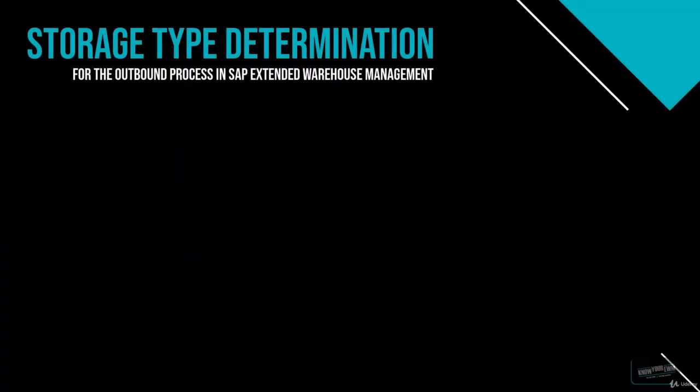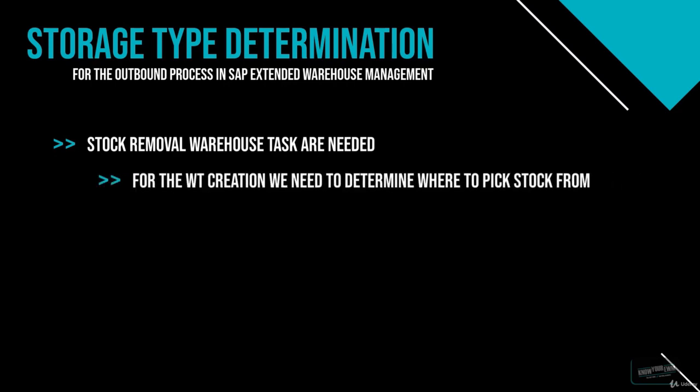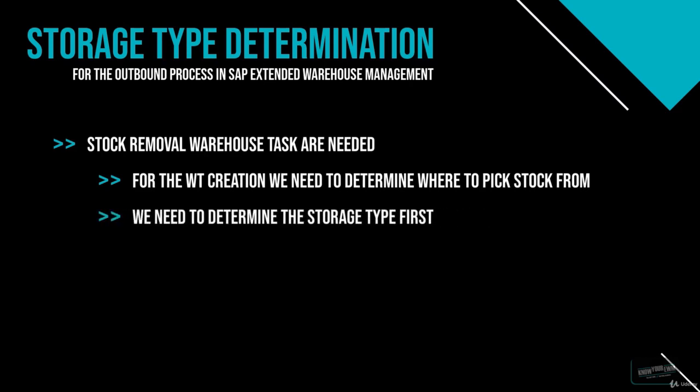And in order to execute the picking process in the EWM system, we obviously need some stock removal warehouse tasks first. And for the warehouse task creation, we need to determine where we want the stock to be picked out of. And the first part of that determination is obviously the storage type.